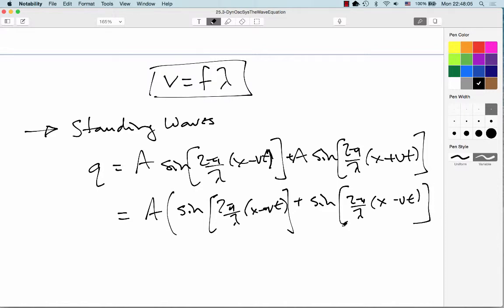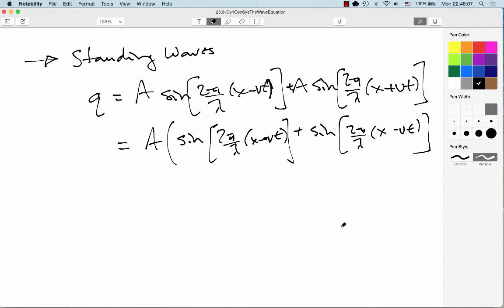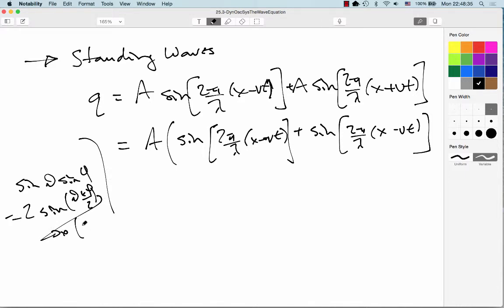All right. So we remember that sine theta plus sine phi, just off to the side, is equal to 2 times the sine of the average of theta and phi times the cosine of the difference of theta and phi over 2.